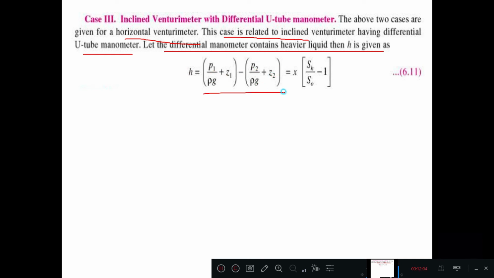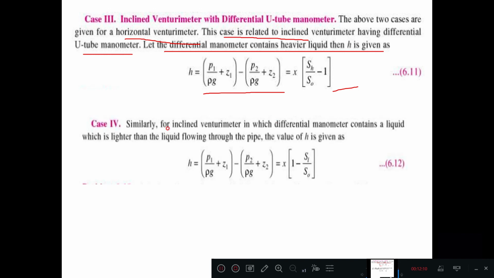This is the differential head, which is equal to X into (SH by SO minus 1). Similarly, for an inclined venturimeter in which the differential manometer contains a liquid lighter than the liquid flowing through the pipe, the value of H is given by H equal to P1 by rho g plus Z1 minus (P2 by rho g plus Z2), which is equal to X into (1 minus SL by SO).